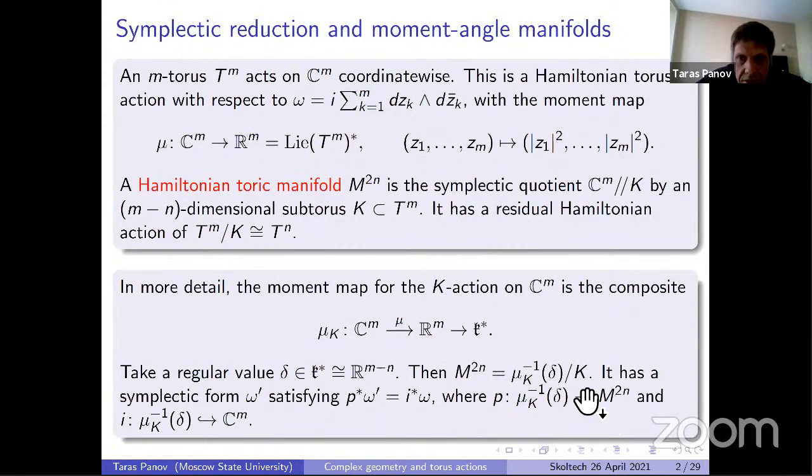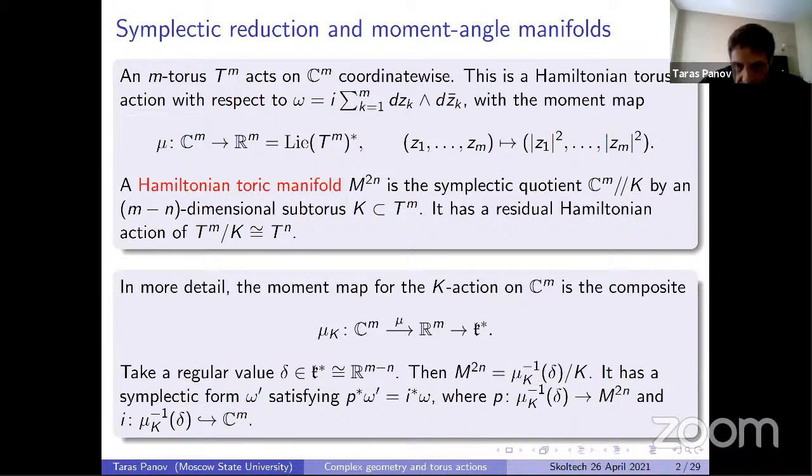This preimage is a submanifold in C^m of codimension equal to the dimension of this Lie algebra, so it's m plus n, and it's invariant with respect to the action of the subtorus K, and this action is, under some additional restriction, free.